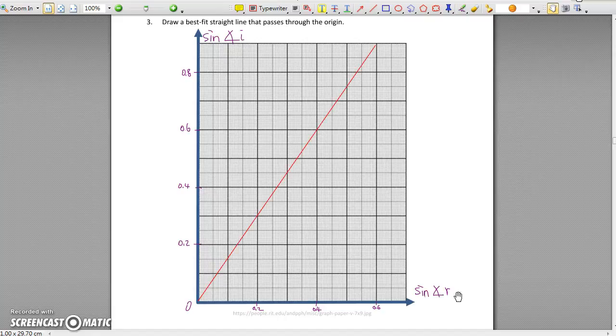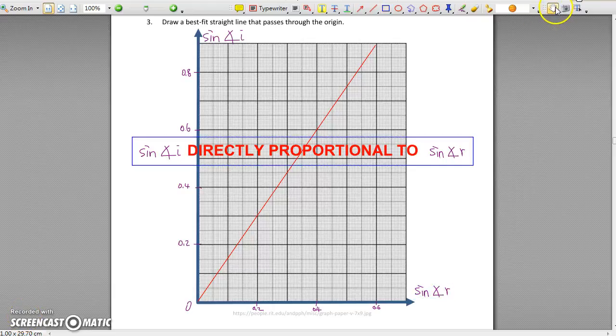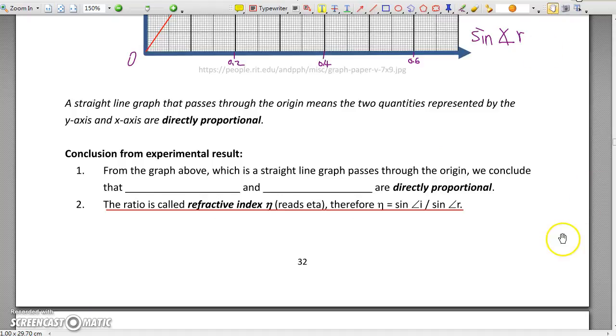Your graph will look like this, which means sine i is directly proportional to sine r. And the ratio between them is called refractive index. In this way, refractive index will then be equal to sine i over sine r.